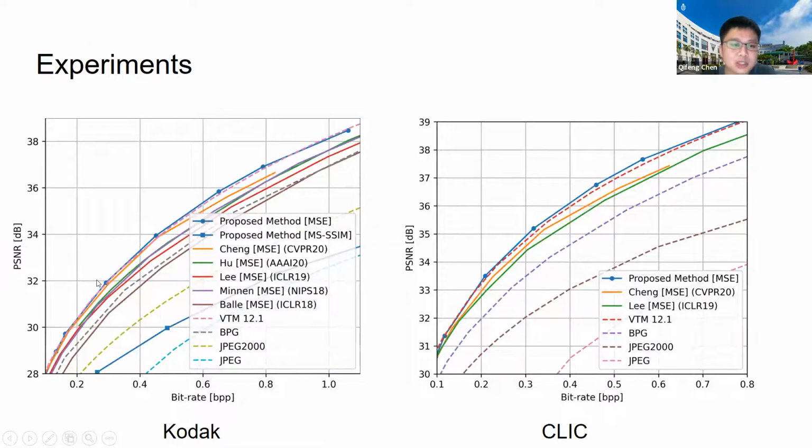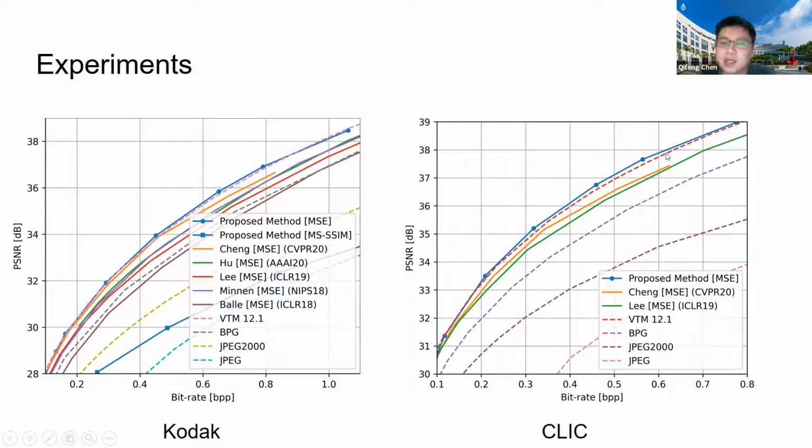Having such a design, we compare our method to state-of-the-art learning-based methods. At AI-related conferences you see a lot of papers, but the state-of-the-art is a conventional method, VTM 12.1. The pink curve here, we are close to it. I think among the learning-based methods we are the best, and we may be slightly better than the VTM on the Kodak dataset, but not much.